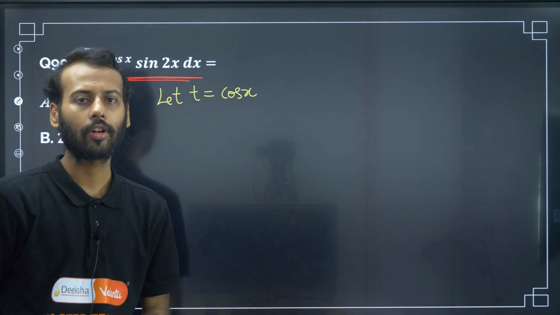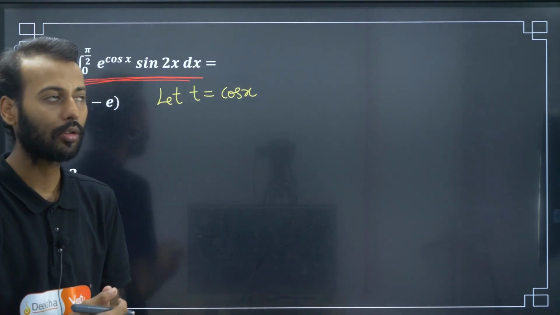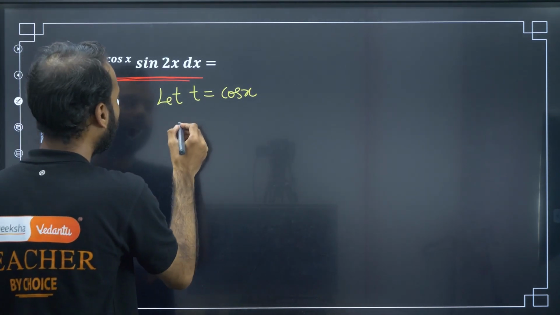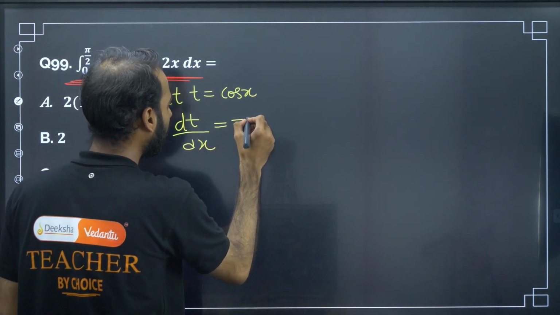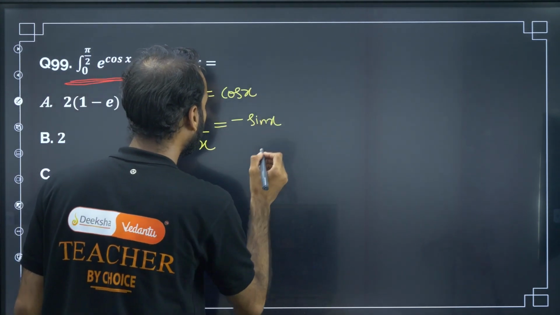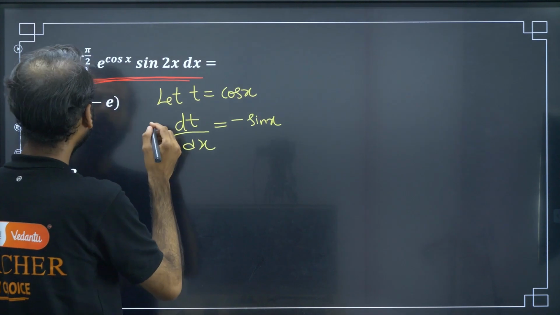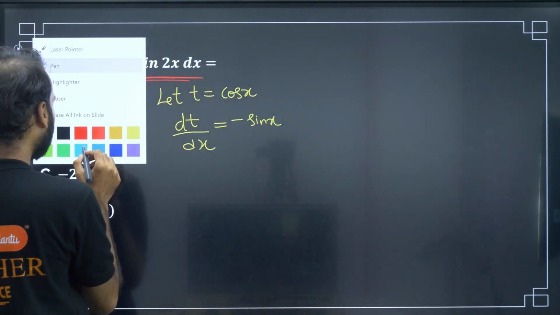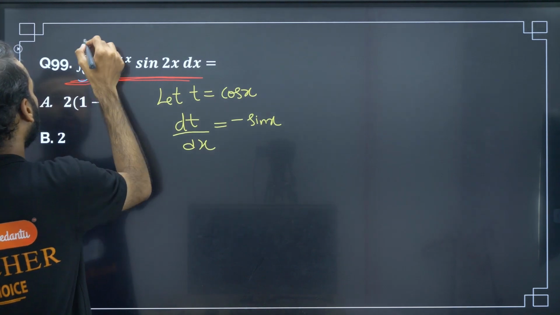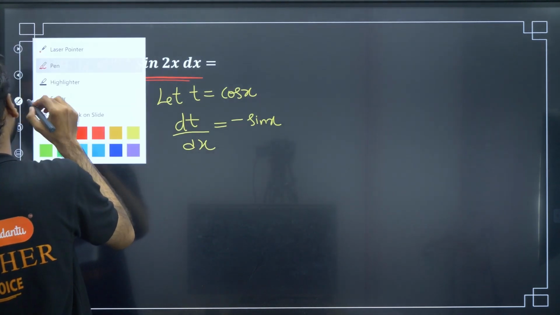Generally we go for substitution of those functions whose derivatives are readily available. Now if I differentiate this, dt by dx is negative sin x. Also, whenever we are changing the functions, we have to take care of the limits also. Now what are those limits?